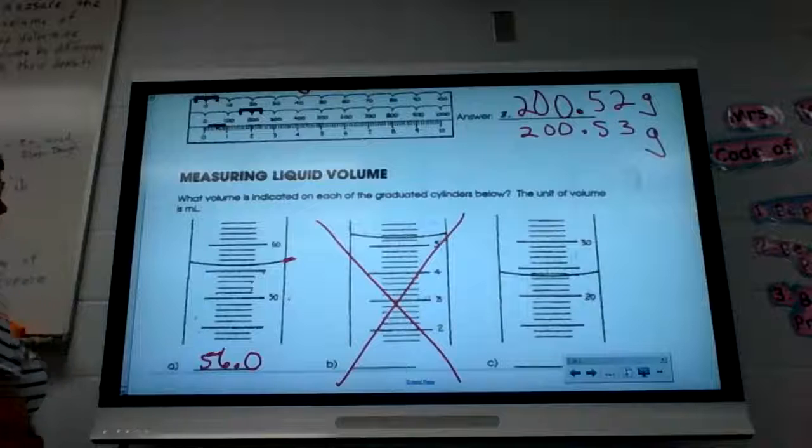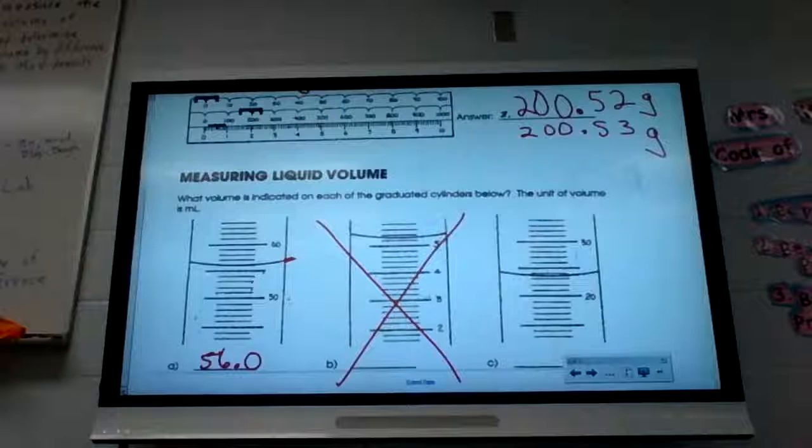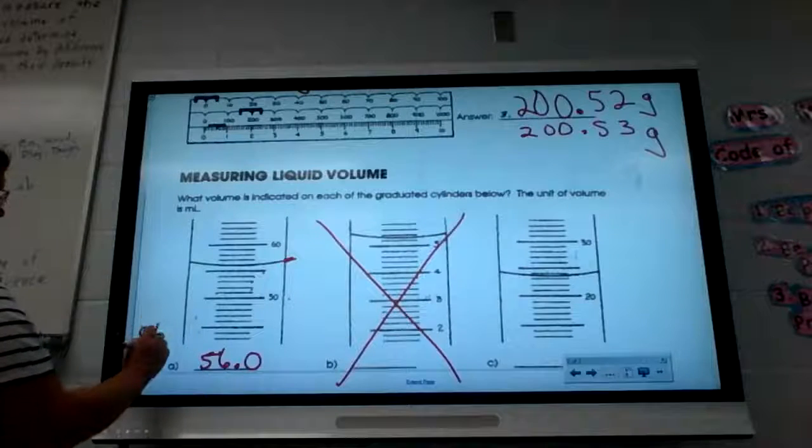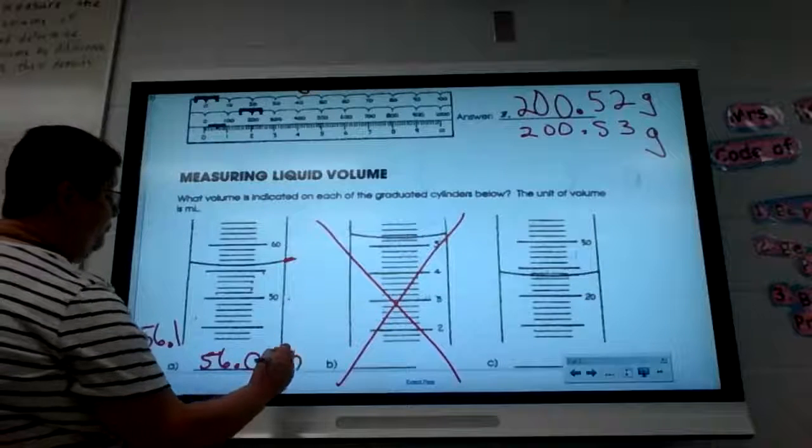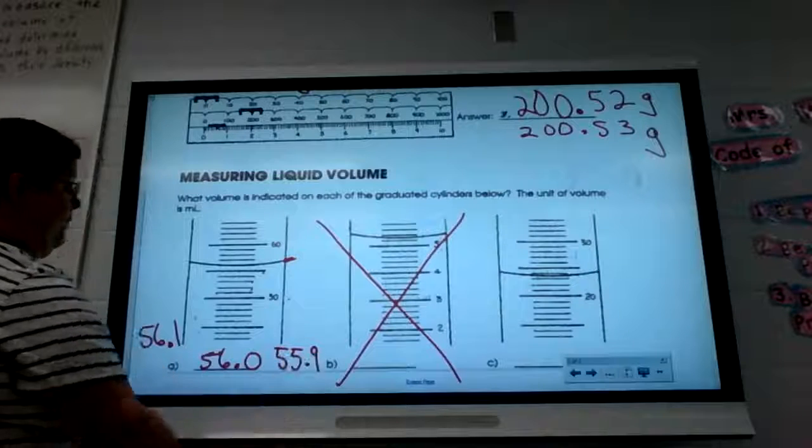0.0. Now, did anybody say it wasn't on the line? I typically get that. So what did you say it was? 56.1. Okay. And I even get some that say it was below the line. So what would you put if it was below the line? Nope. I told y'all, I'm real flexible about this.